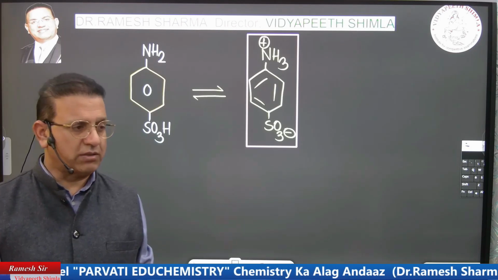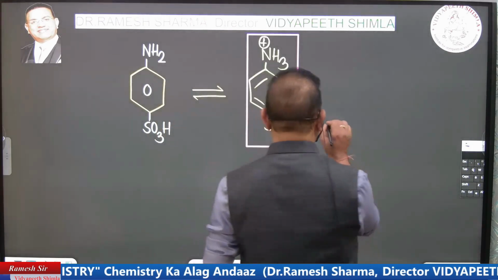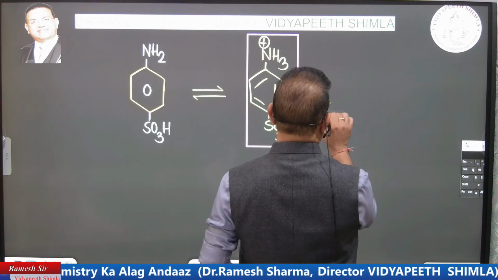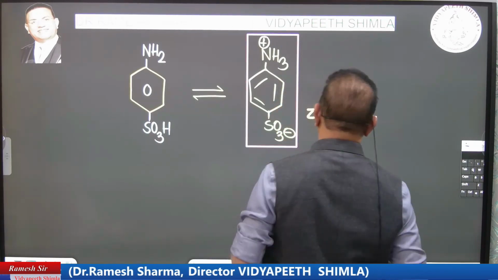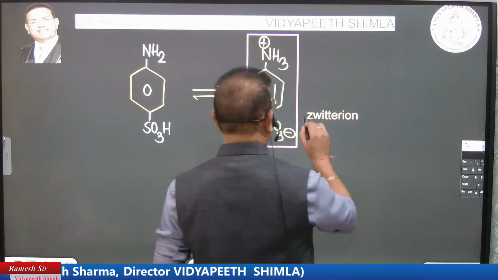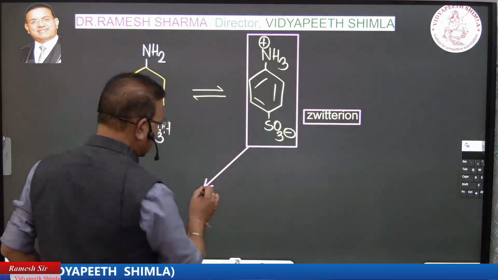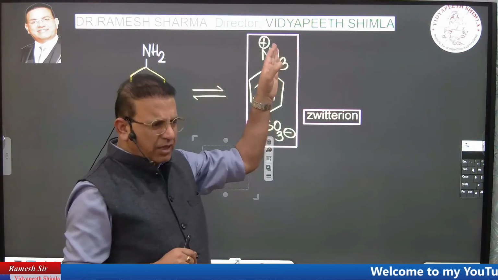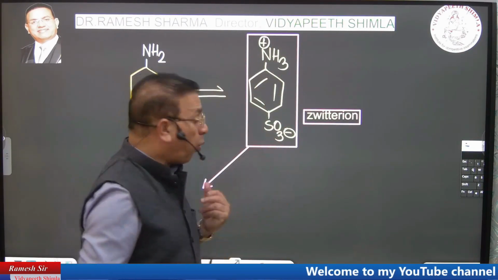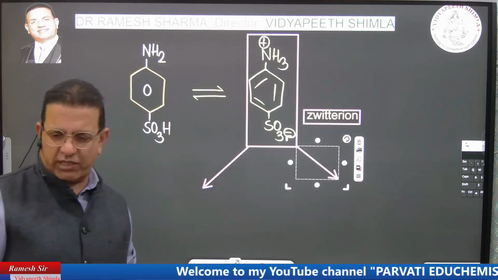So this is what is called a dipolar ion. This is what is called zwitterion, a dipolar ion. And the zwitterion, having both the groups, it having acidic group, it having basic group. What does this mean? Is it that when we will add acid to this, this will dissolve?